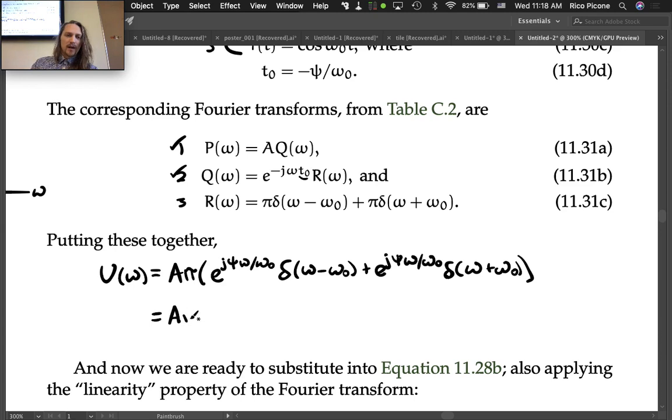So we have A pi e to the j psi. We know when omega equals anything besides omega naught, this whole term turns out to be 0. So we'll just assume omega equals omega naught, and they cancel in this exponent. So we have delta omega minus omega naught plus e to the j psi delta of omega plus omega naught.